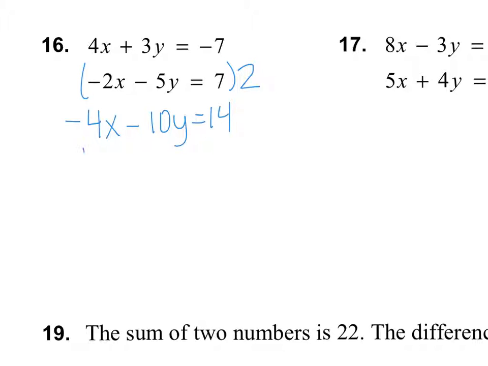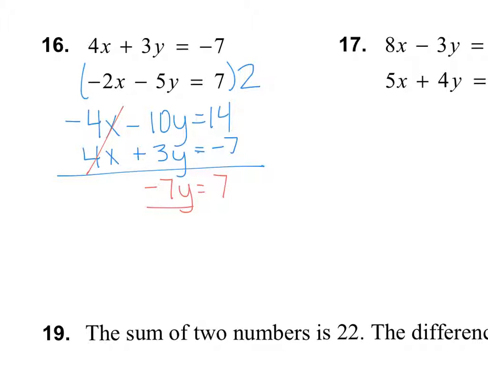I'm going to rewrite the first equation, but I don't have to change anything on it, because the negative 4x and the positive 4x are going to cancel out. Now negative 10y plus 3y gives you a negative 7y, and 14 minus 7 is 7. We finish it out by dividing each side by negative 7, and we are left with y equals negative 1.